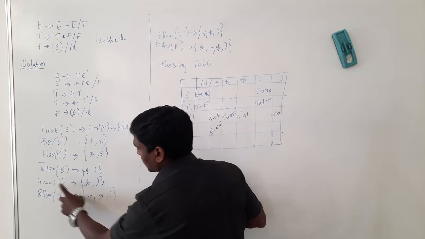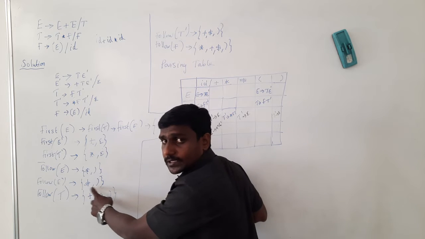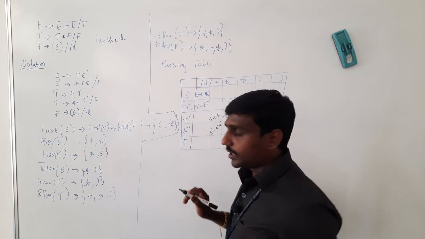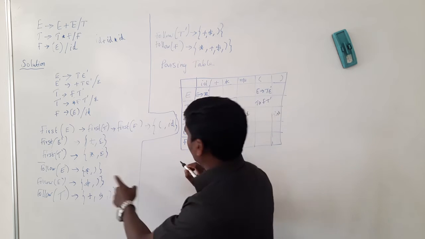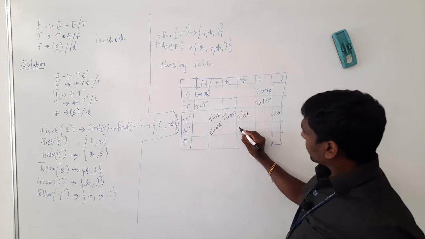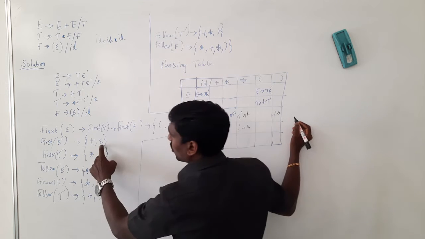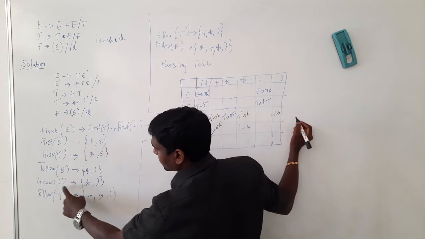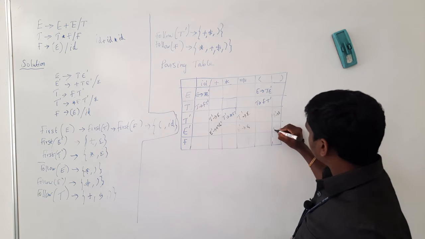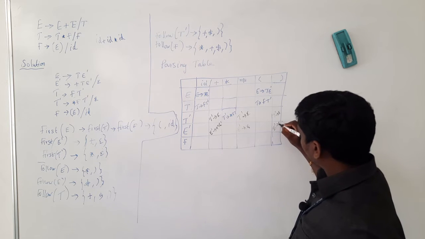Follow of E dash is dollar and close brace. In the place of dollar and close brace, I fill E dash tends to epsilon.